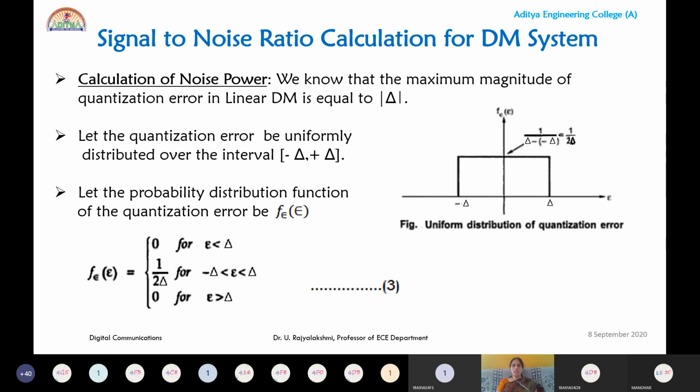Any one of you kindly respond and tell me what is the range of quantization error in the case of PCM system? What is the range of quantization error in the case of PCM system?